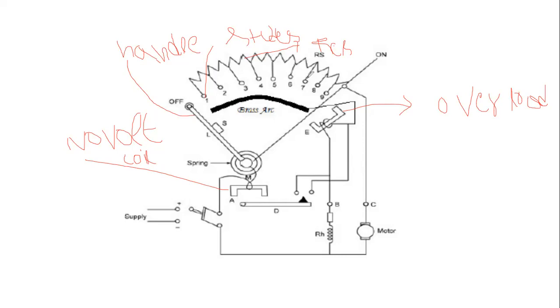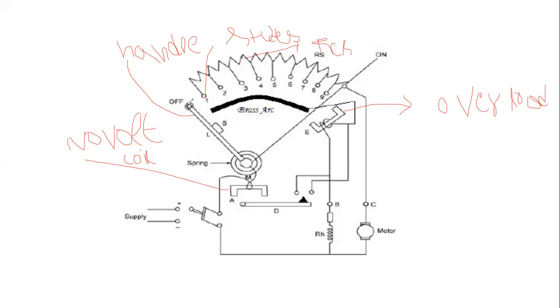After the handle moves from stud 1 to stud 9, that is the on position, if any overload is obtained, then this magnet is automatically demagnetized. Demagnetization means it releases the handle. This is the magnet, which is fixed to the handle.